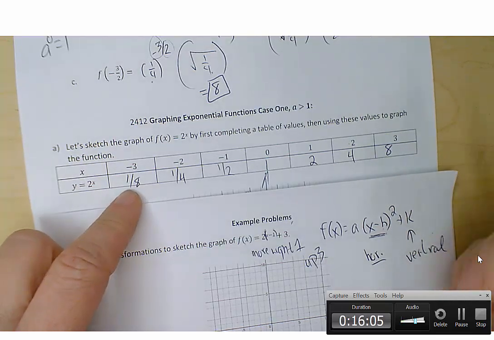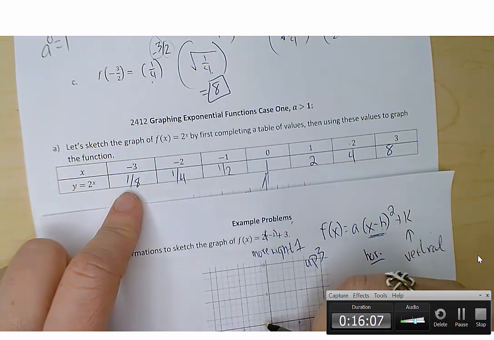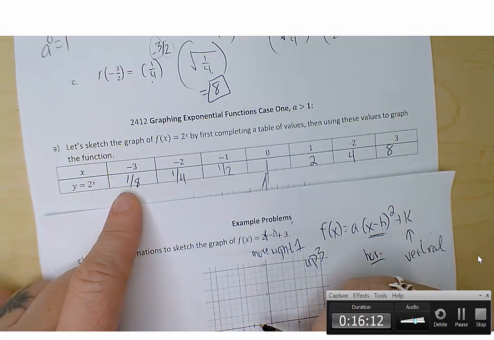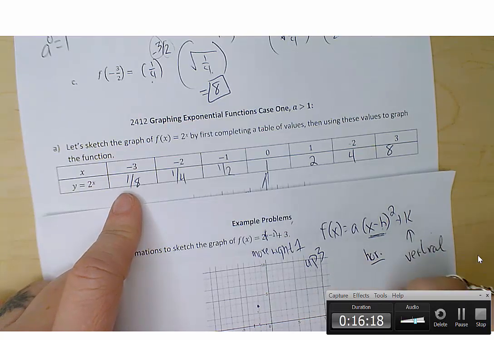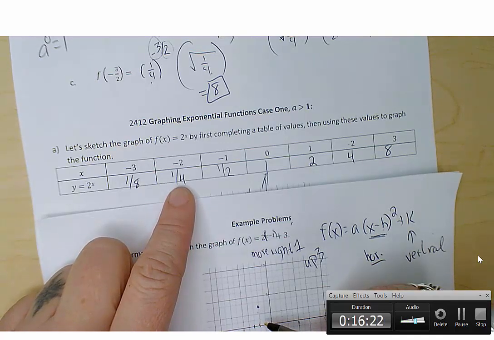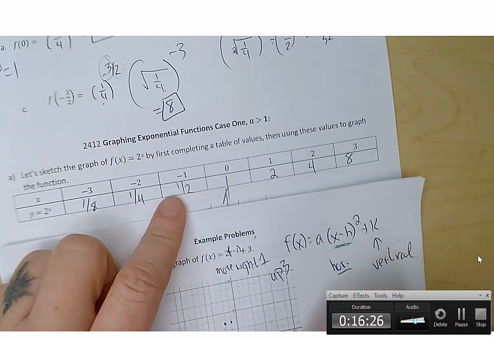So I'm going to take these points here. Our first point was (-3, 1/8), which is about right there. We want to go to the right 1 and up 1, 2, 3. For (-2, 1/4), right 1, up 1, 2, 3.